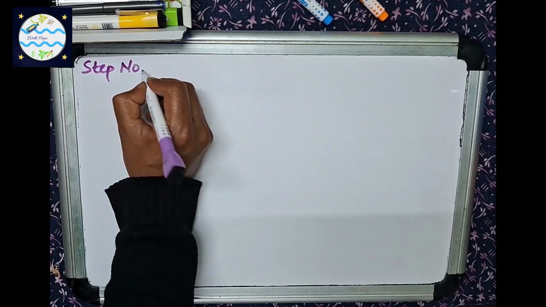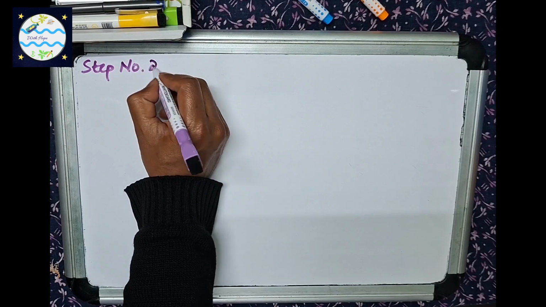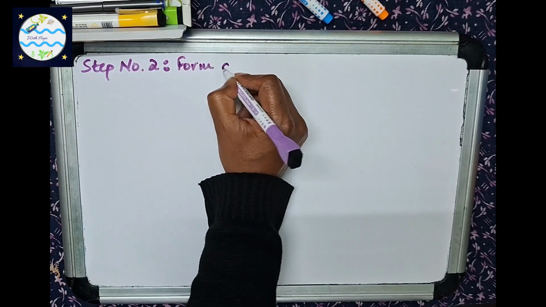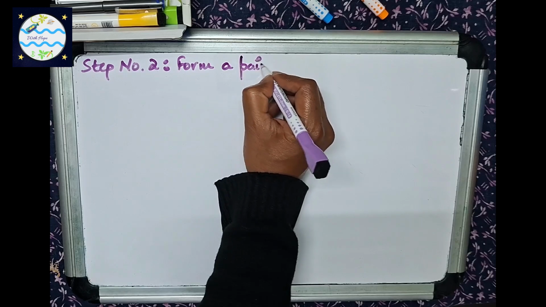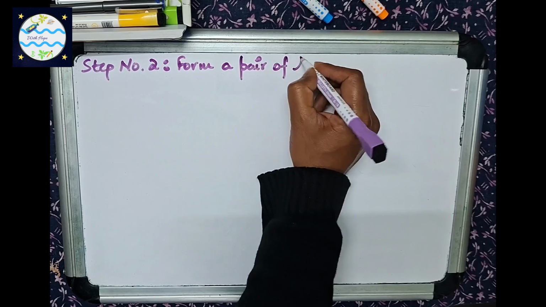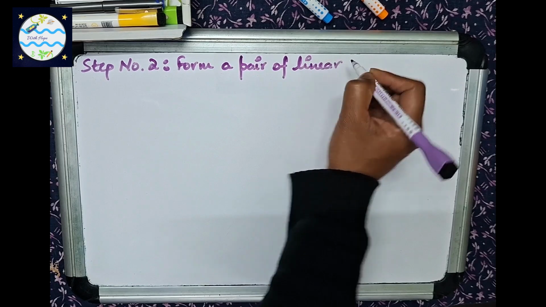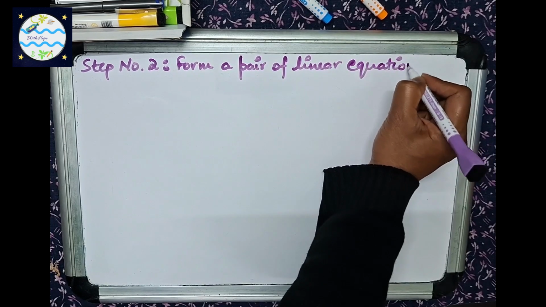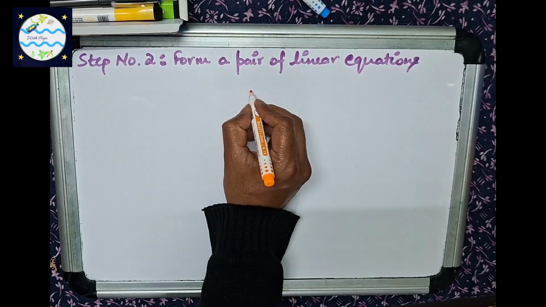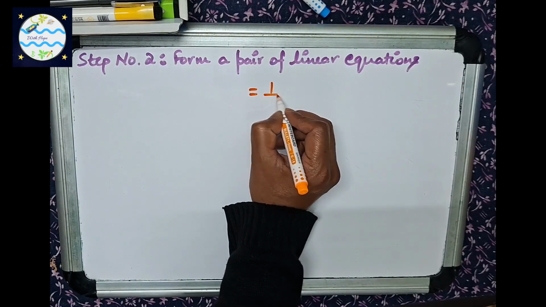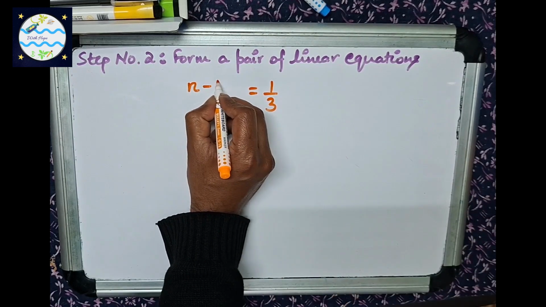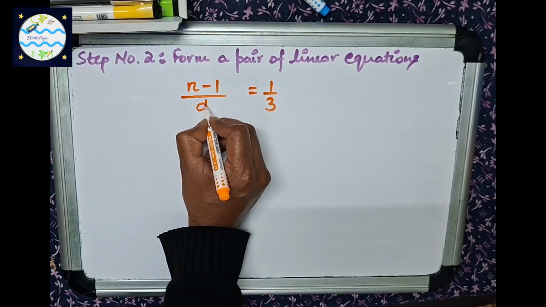Form a pair of linear equations. Which lines from the riddle can we use to form the equations? Yes, for the first equation, let's use: I become 1 by 3 when 1 is subtracted from the numerator. The fraction becomes 1 by 3 when 1 is subtracted from the numerator and the denominator stays the same.